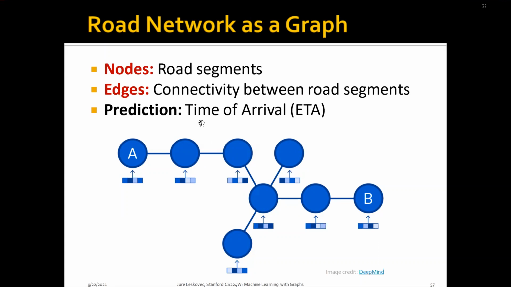And then the prediction is the time of arrival, let's say from A to B. This is all the road segments, and this is how you can reach from A to B. And here, I think this means the node embeddings, how you learn about the traffic situation of this node.